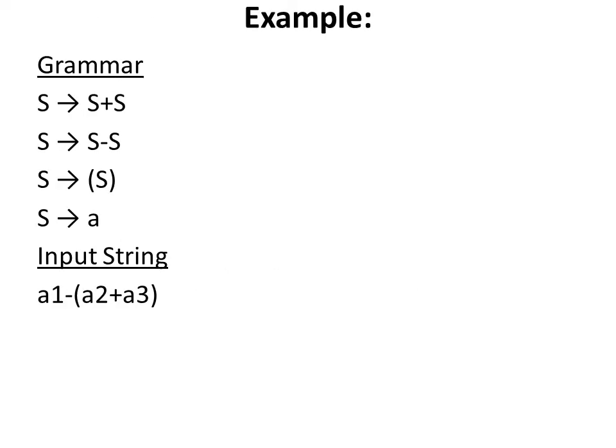So we have taken one example grammar. First, S implies S plus S. Second, S implies S minus S. Third, S implies S itself. Fourth, S implies small a. So there are four productions in this grammar.